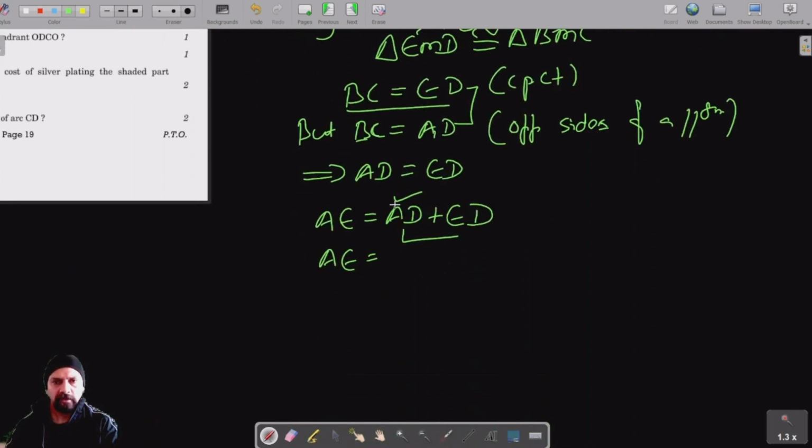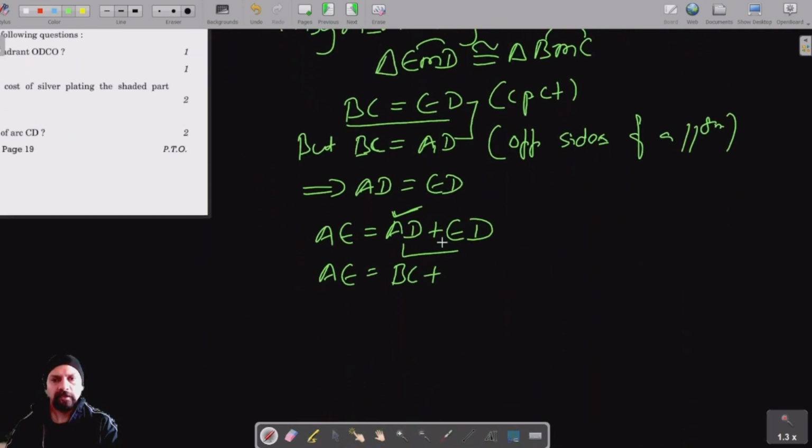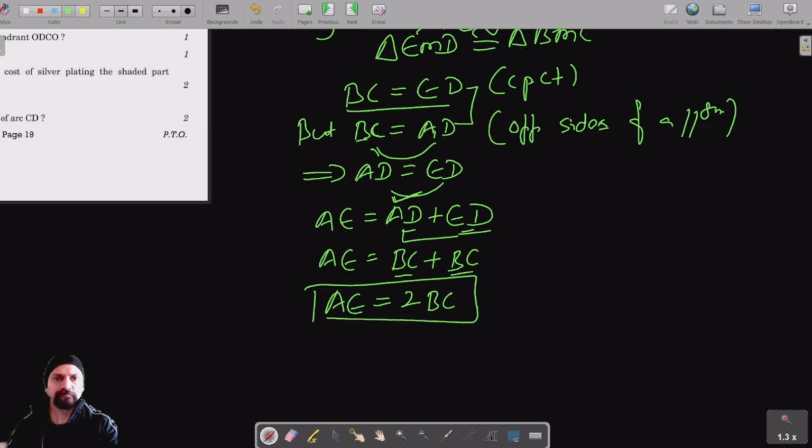AE is equal to 2 times BC, because AD is equal to BC, and ED is also equal to AD. So AE is equal to 2 times BC.